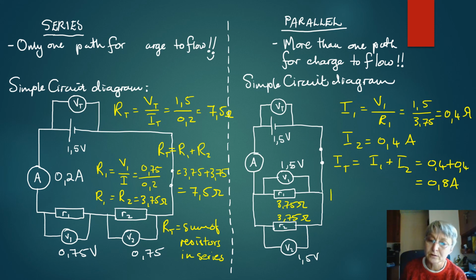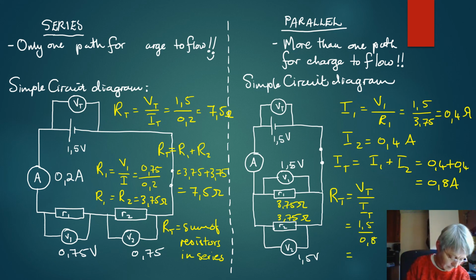To calculate the total resistance in the circuit, we have to take the total potential and divide it by the total current. And doing that, I get 1.5 divided by 0.8, and that gives me 1.875 ohms.